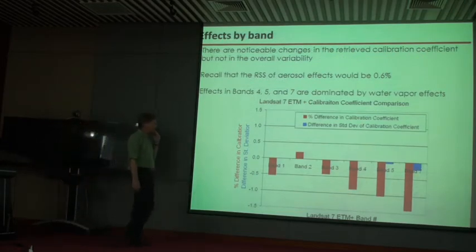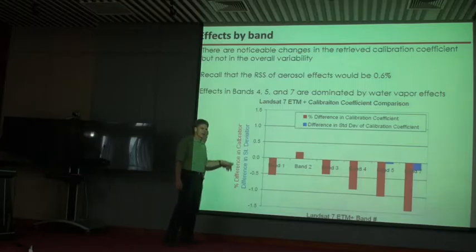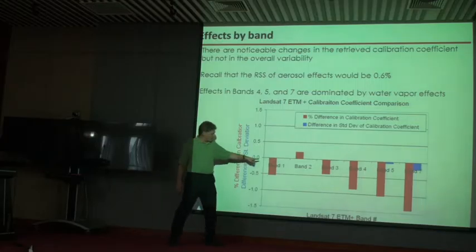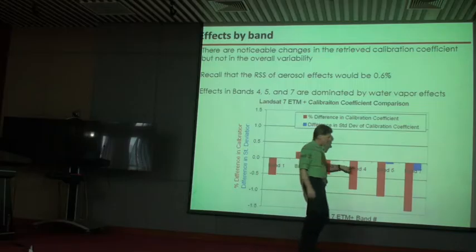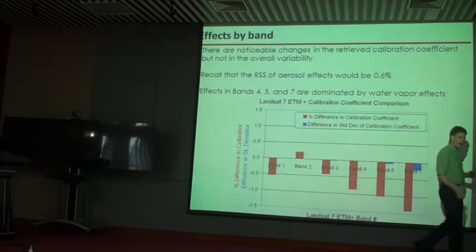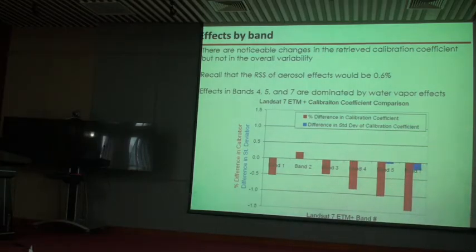If you go ahead and figure out what is the difference in the calibration coefficient for each of the bands of Landsat. Again, I have an average aerosol optical thickness at 550 nanometers that's retrieved from the solar radiometer data from all the dates, about 50 days. I have the average Angstrom coefficient, Junge parameter, size distribution, the same way.